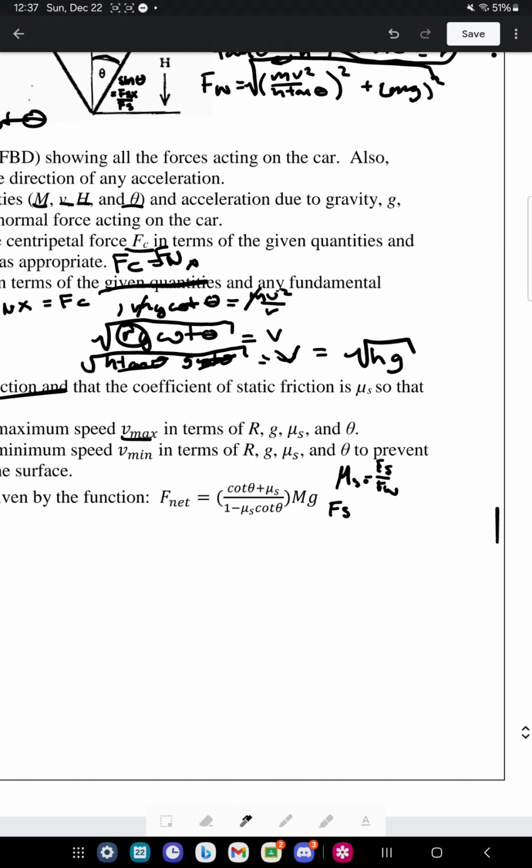Let's see, then if we multiply F of s over and divide both sides by sine theta, we get F of s equals F of s x over sine theta. Actually, why did I divide by sine theta?